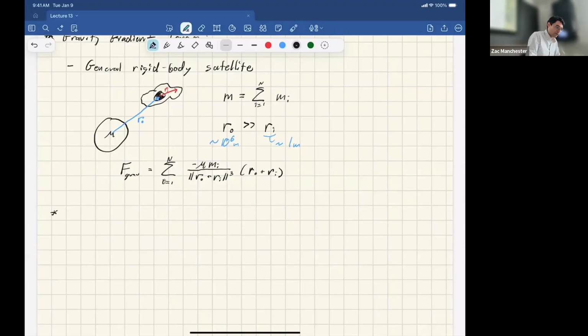The argument we're going to make here is that since R naught is way, way bigger than the r_i's, we're going to Taylor expand that gravitational force to first order about R naught. The cool thing is that because there's 6 orders of magnitude difference for a typical satellite, this is essentially exact. Even though I'm doing the Taylor expansion, for all practical purposes it's the exact answer, good to about 6 significant digits. We just call this the gravity gradient torque.